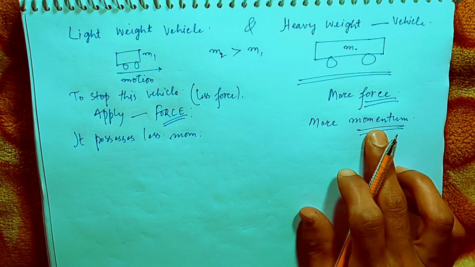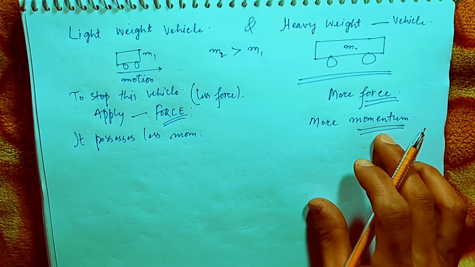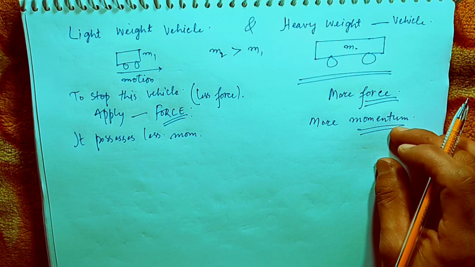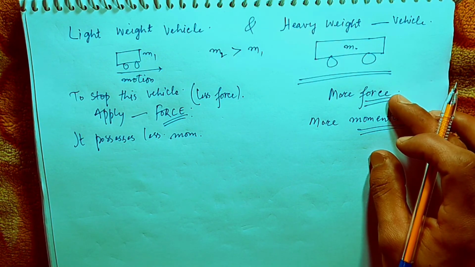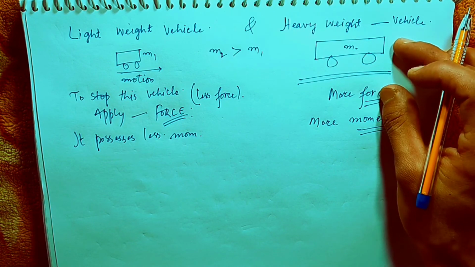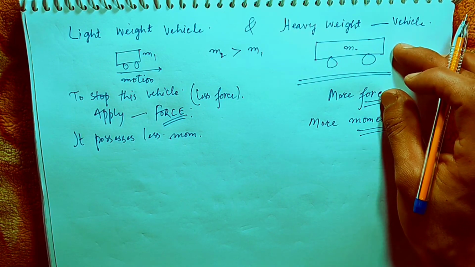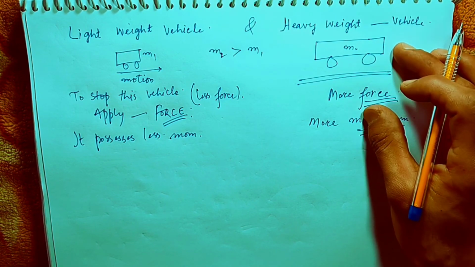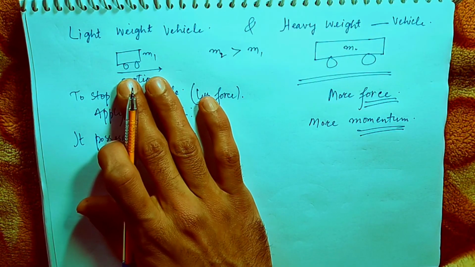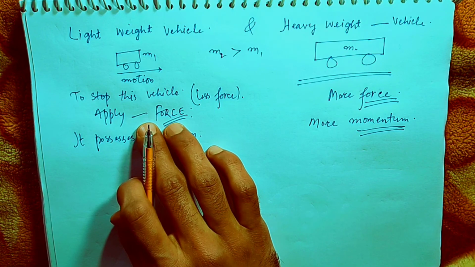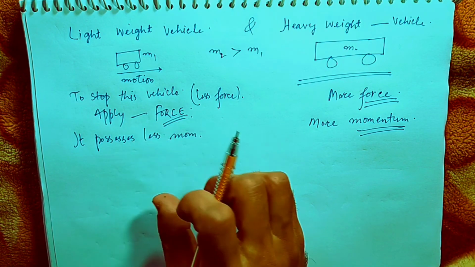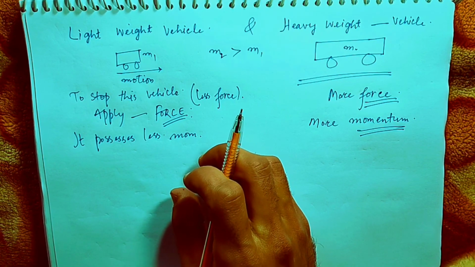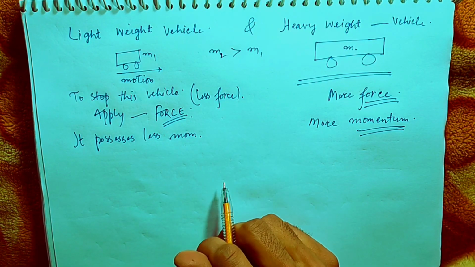If we know one quantity, the force is proportional to that. The more force we need to stop this car, the more momentum this car possesses. Similarly, if this car possesses less momentum, we can stop it with lesser force.